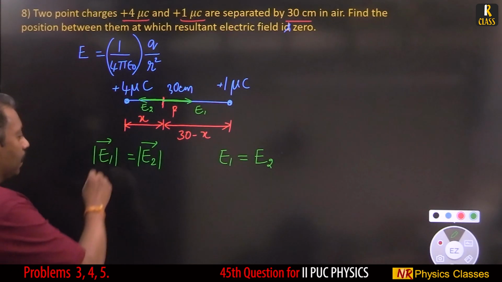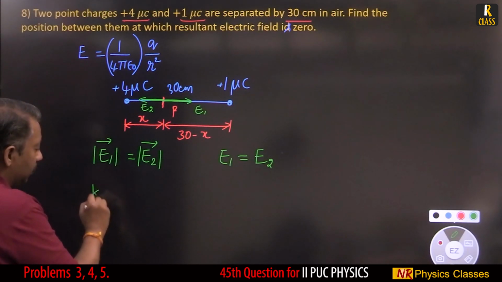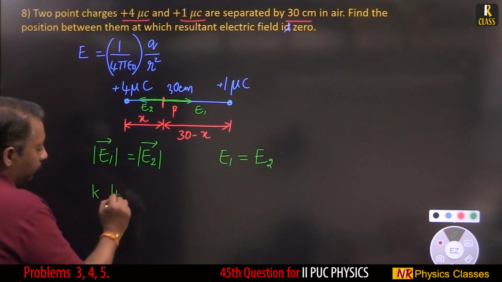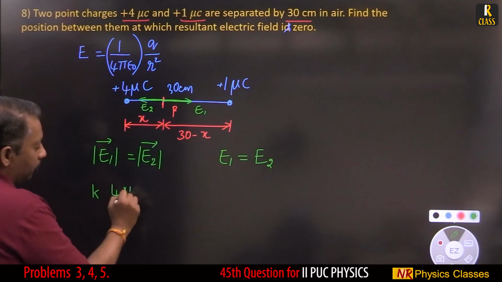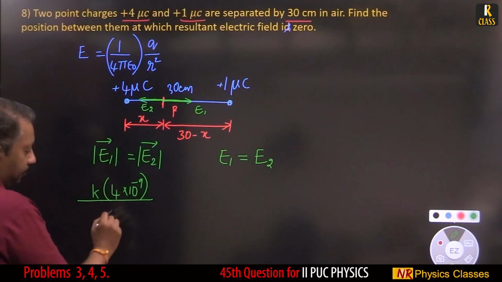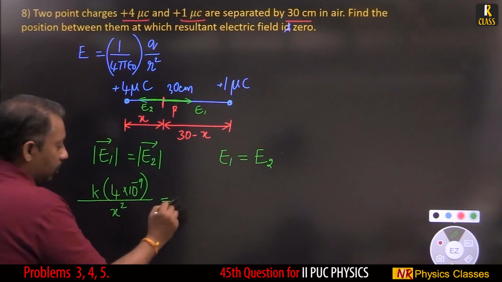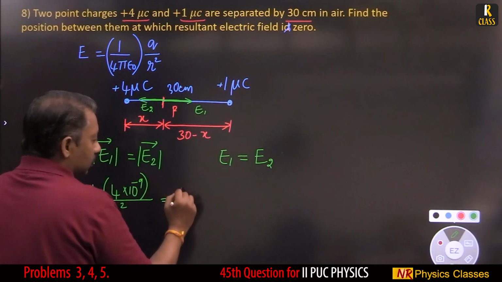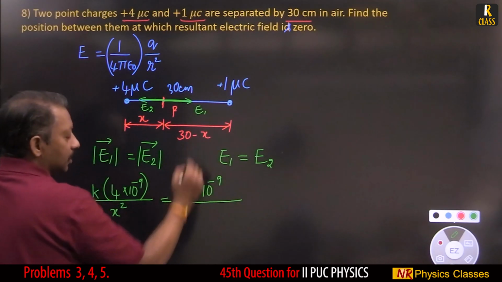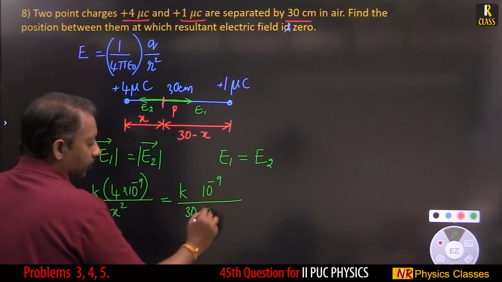Okay, and the electric field is constant. Charge 4 nano, 10 to the power of minus 9, by distance x square, equal to the other charge by distance 30 minus x, its square.